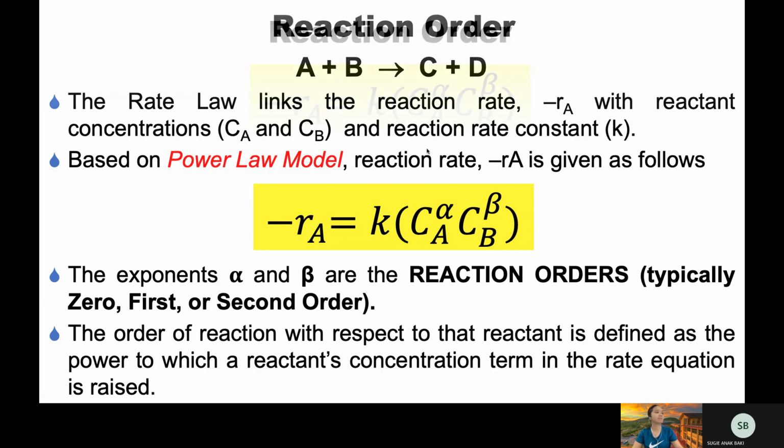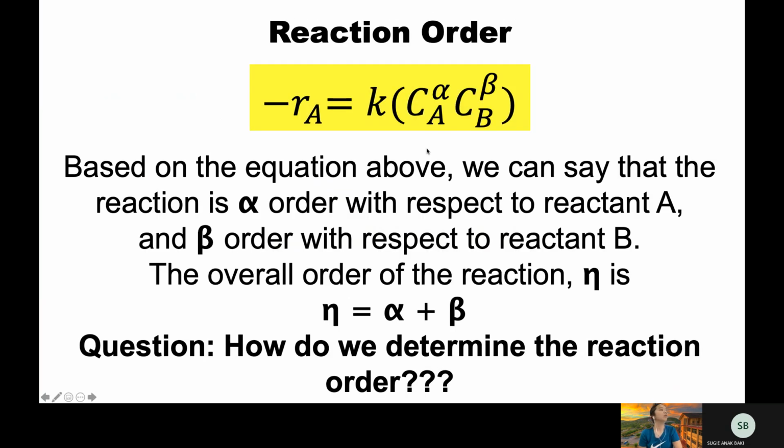Okay, now next. So how do we term this reaction order? Let's say you have this reaction based on the equation above. We can say that the reaction is alpha order with respect to reactant A and beta order with respect to reactant B. Okay, so reaction order ni is very specific to the reactant.